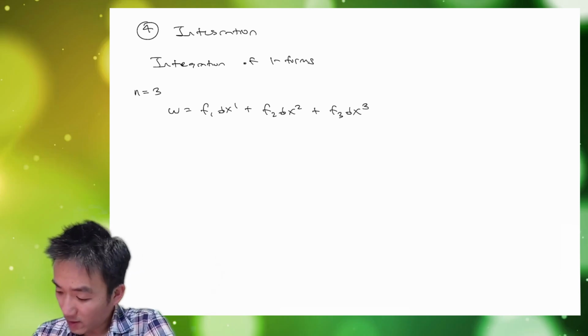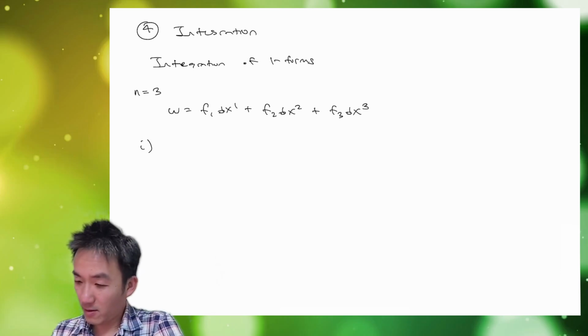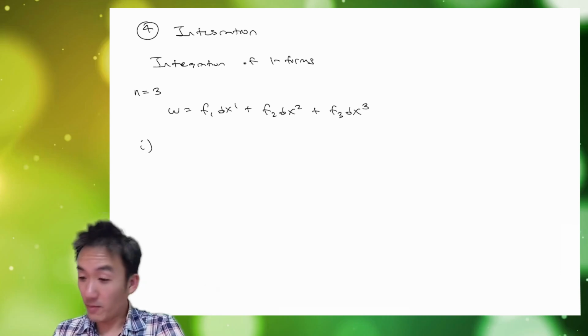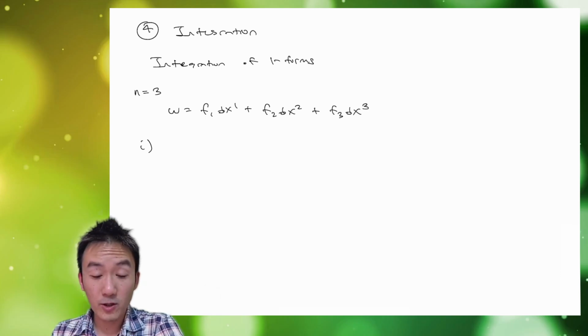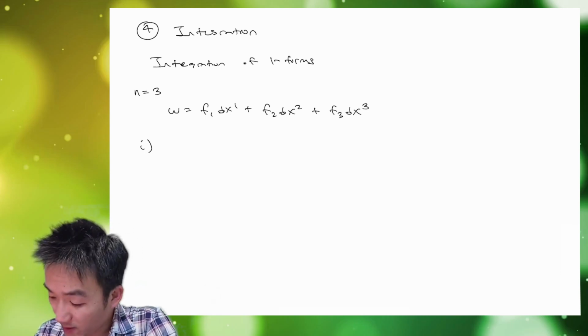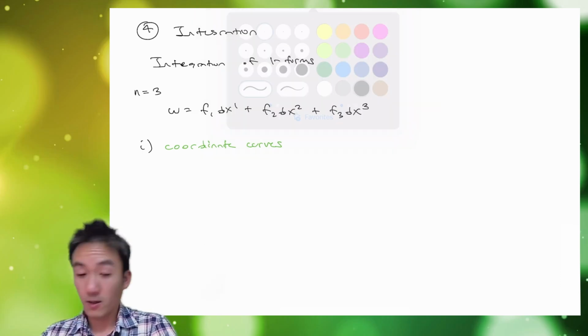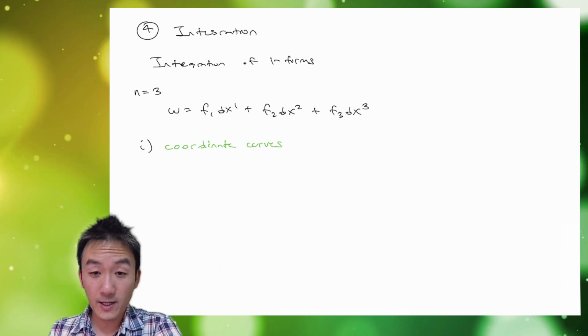Okay, and let's focus on the simplest case first. Well, we need to integrate over something, and the things we're going to integrate over are curves, and the easiest case is coordinate curves. By coordinate curves, I mean curves that just move along one coordinate axis.